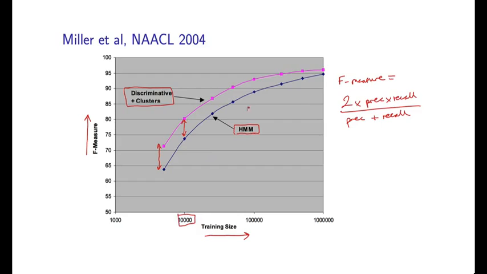Or if you think about it another way, if you want to achieve this level of performance, you would need this much data under the HMM, and you would need roughly this much data under the discriminative model, rather the cluster-based model. And notice that this is on a log scale, so this is a pretty substantial difference. So that in itself is quite an impressive result.